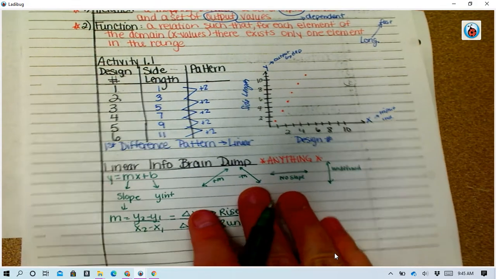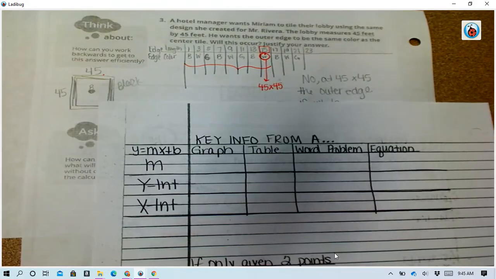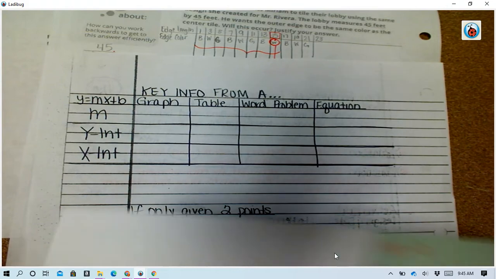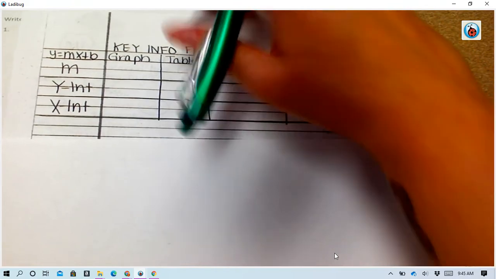Flipping this paper over, on the back of your notebook paper, I want you to draw this little table. We need to be able to pull key information from a graph, a table, a word problem, and an equation. And what information do we need to pull out?